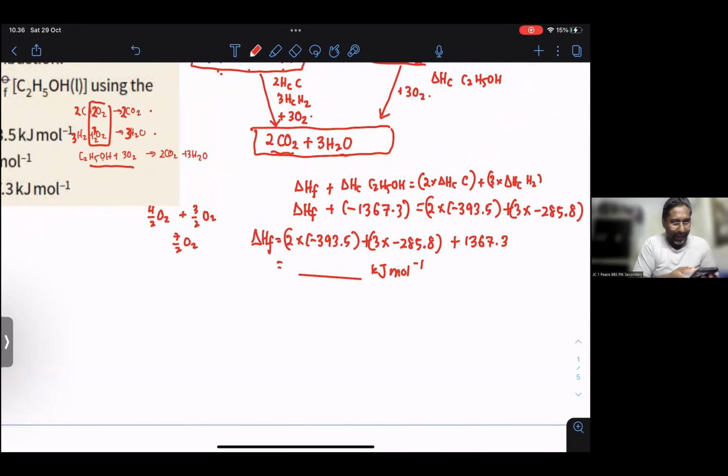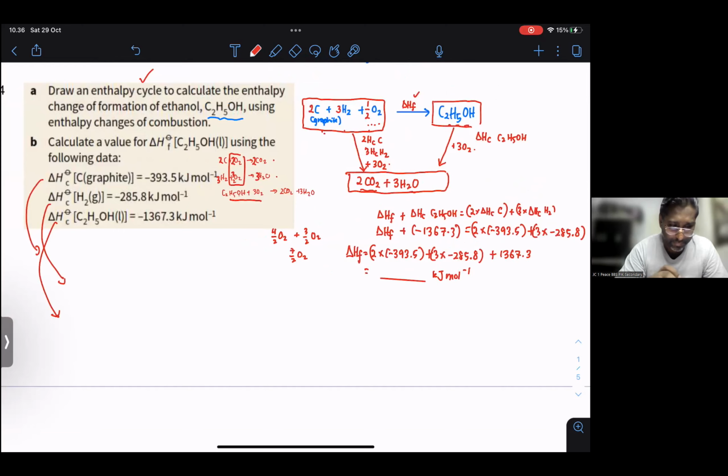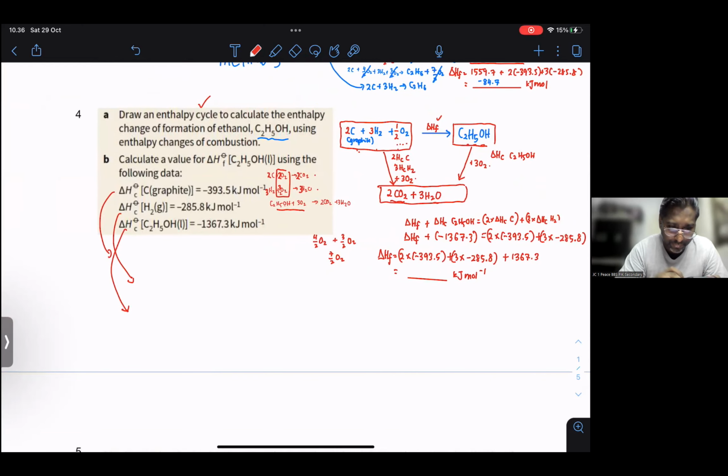Answer key I have already shared with you, so please take note of the answer key. Number 4. If I look at the answer key, I have the value, but I just want to check with you guys. We have so many of you over here.